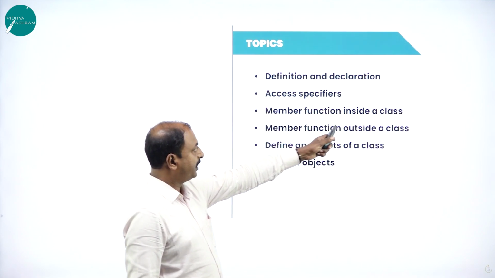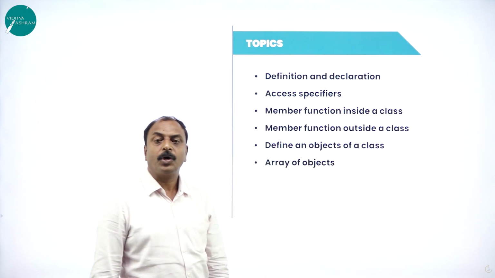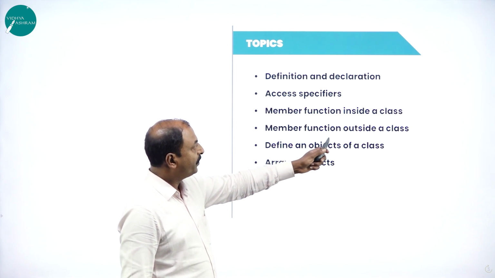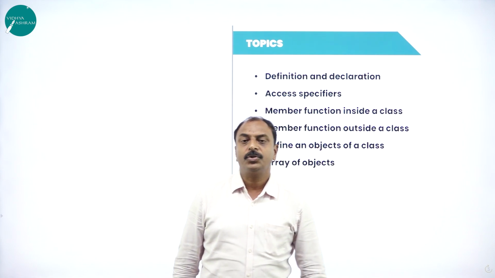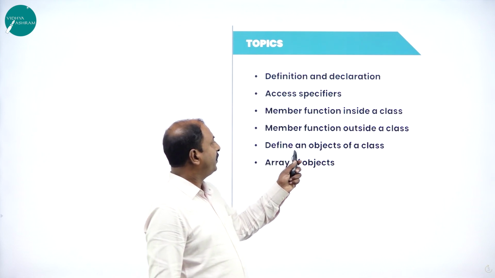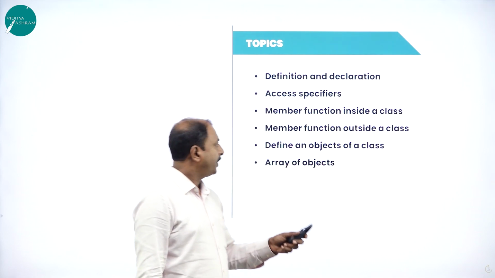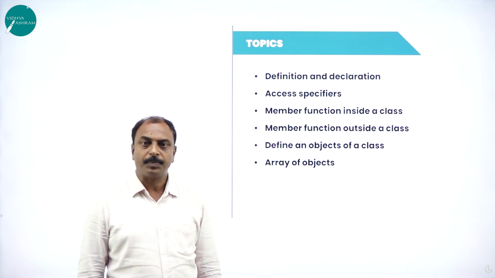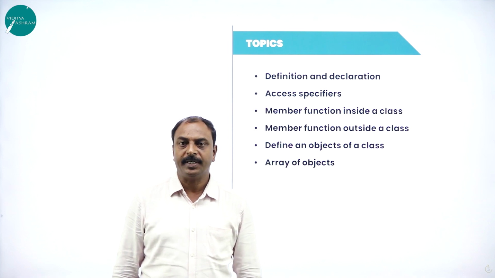And member function inside a class: how do you define a function inside a class? And member function outside a class: how do you define a function outside a class? And define an object of a class and array of objects. These are the topics to be covered in the chapter classes and objects.